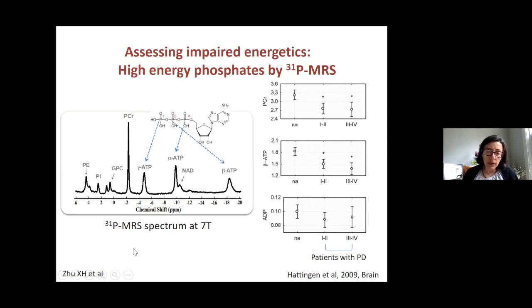This is a spectrum that my colleagues acquired at 7 Tesla using phosphorus MRS. Now, in general, you don't expect changes in ATP, ADP levels in the brain because homeostatic pressures keep them at normal levels until serious energy failure. So these results in Parkinson's disease have surprised me, but they seem to be valid and they have been replicated. So this is another modality that can be applied to look at energy status.